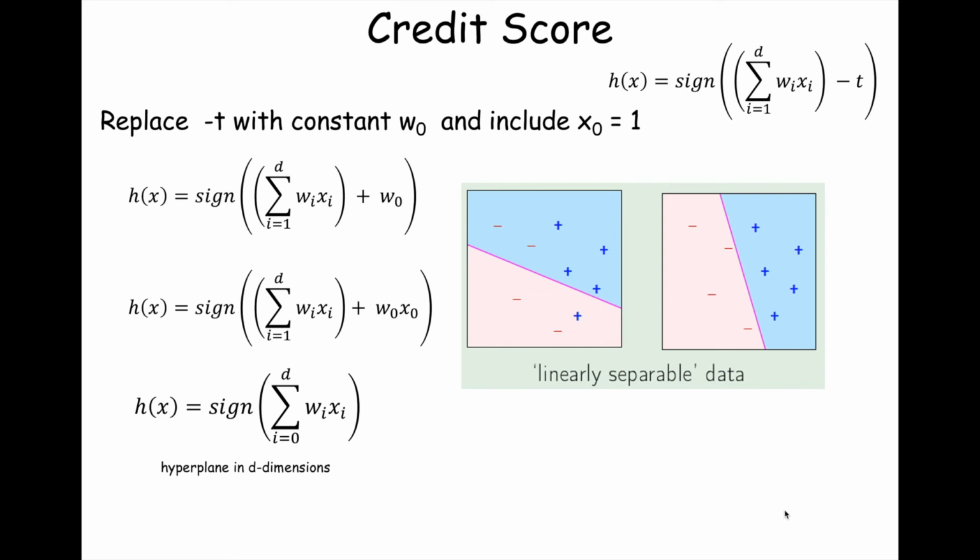I can make another observation that if I have w, and let's say w is a vector, and that vector has w0, w1 up through wd, and if I have an x vector, and let's say that vector goes from x0, x1 up to including xd, if I take my w vector and compute the transpose, that now becomes a row vector, w0, w1, wd.